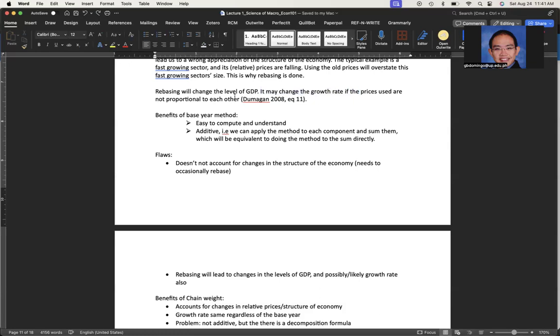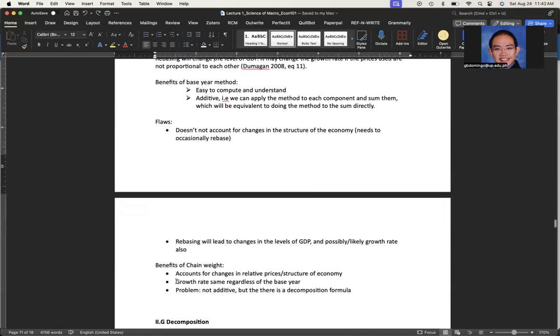The new prices, the ones that are used to replace the old base prices, are not proportional to each other. So rebasing can have these different effects. Okay? So it could lead to differences in the appreciation of the growth rate. However, in practice, it could change the growth rate of GDP, but you will find, for instance, that the growth rate doesn't really change that much, but it might change definitely if you do this rebasing.